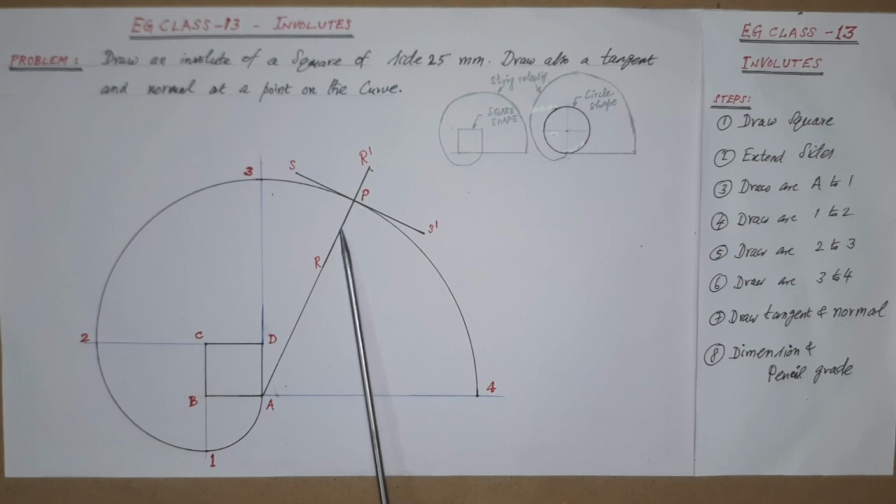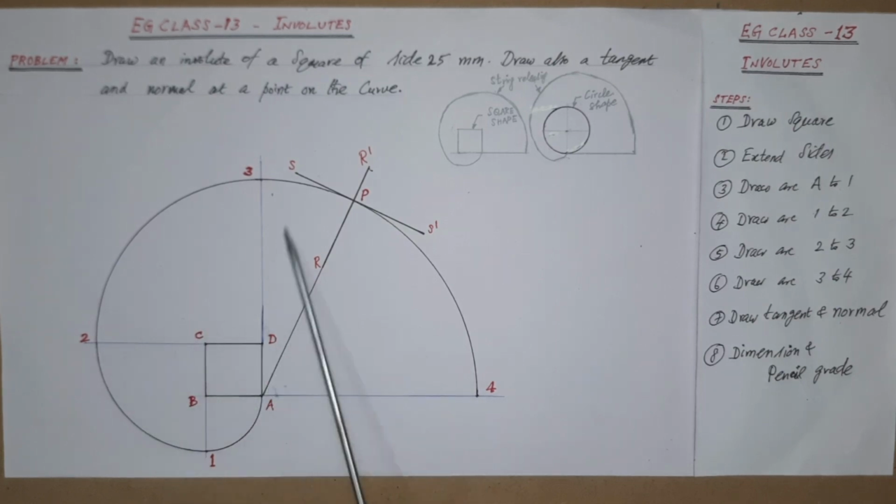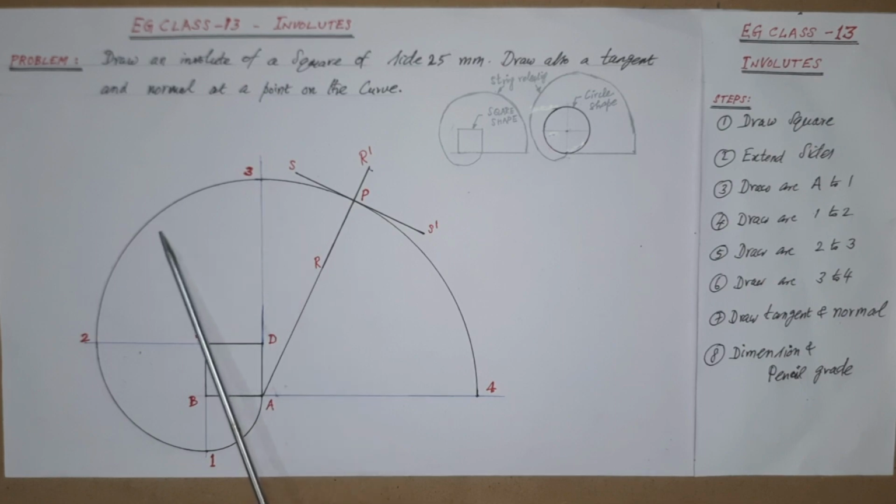Now join the point P with point A. Since this selected point is between A3 and A4, if P is selected between D to 2, that is D to 3, then the point is to be joined with D only, and this is also correct. Now follow the A point in this problem.